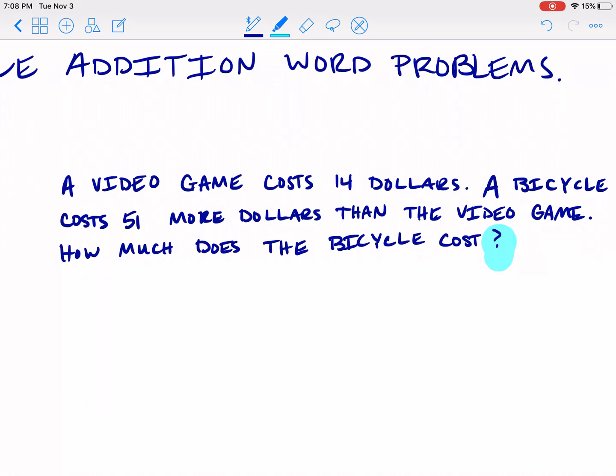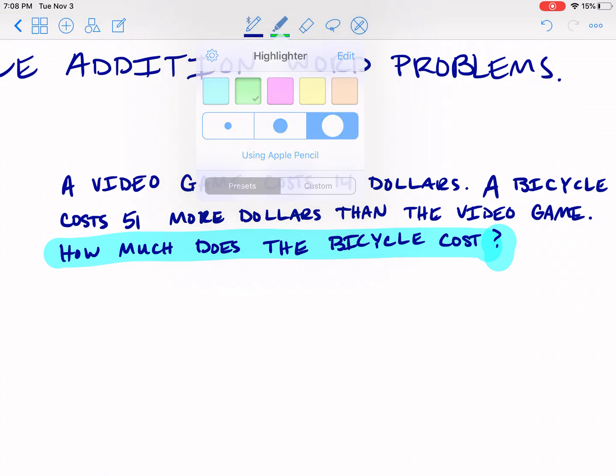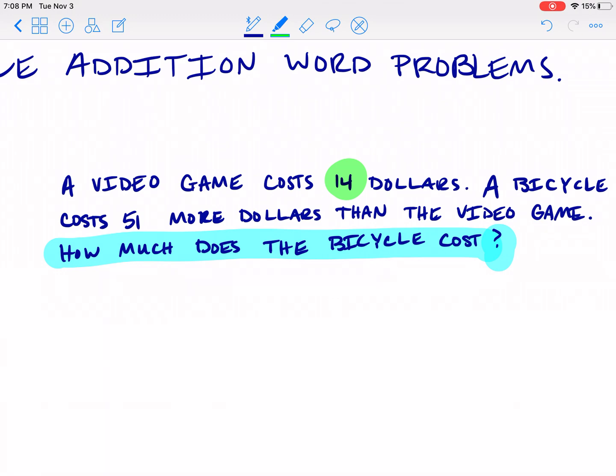So there's my question mark. I'm going to go back into the beginning of the sentence. How much does the bicycle cost? That's what we're trying to figure out. I'm going to read it again. A video game cost $14. A bicycle cost $51 more than the video game. How much does the bicycle cost?